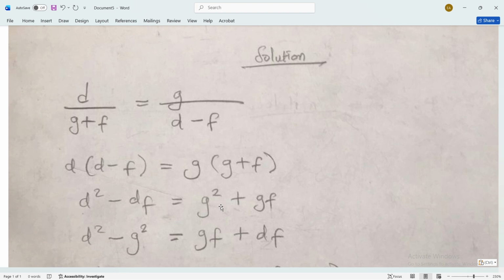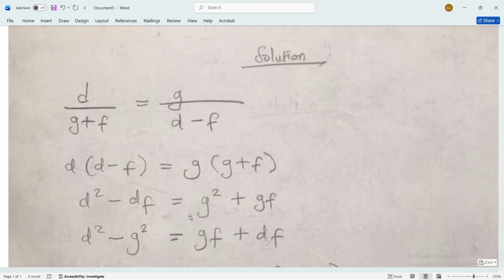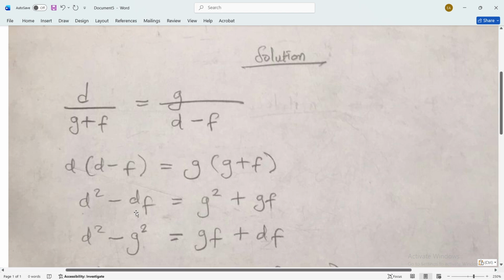Because it's a positive number and it crosses the equal to sign, it will change its form to become a negative number. So we are going to have d square minus j square, right? Whenever a number crosses the equal to sign, it changes its form. If it's a positive number that crosses the equal to sign, it will change its form to become a negative number.